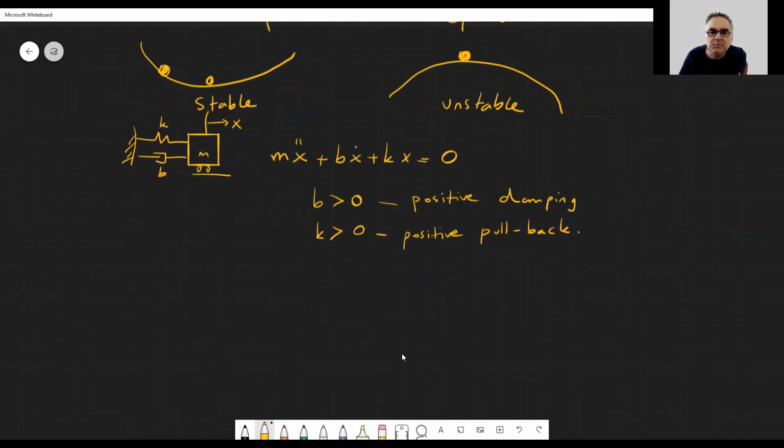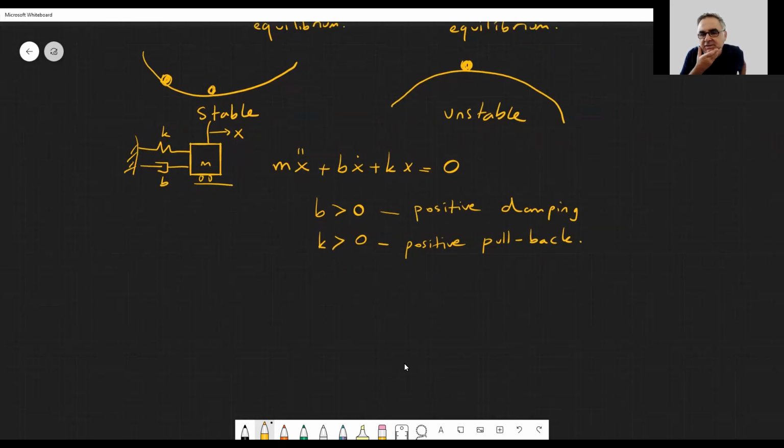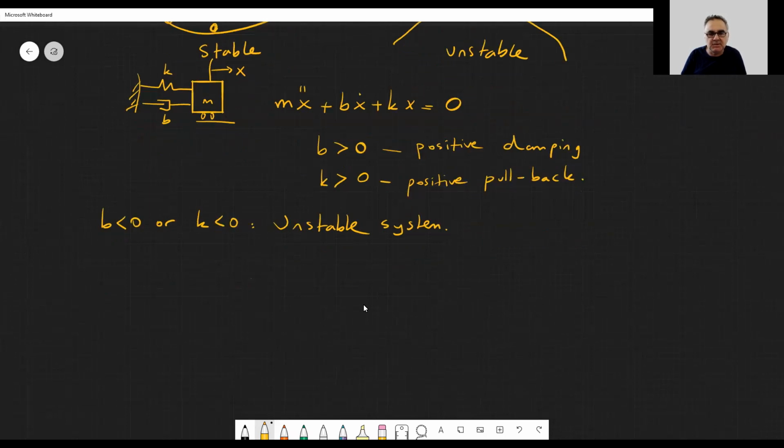So it is possible to have a negative term. If B is negative, you will have negative damping, so it will be unstable. So B less than 0 or K less than 0 means an unstable system. That is, the oscillations of this system are going to grow eventually over time.